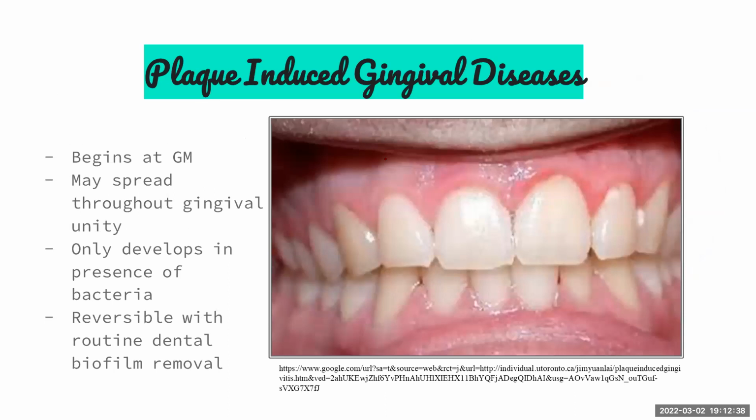So we've got our plaque-induced gingival diseases. It begins at the gingival margin. What happens on top of the gum line has a direct effect on what's going on below the gum line area. It only develops in the presence of bacteria, and again, it's reversible, and usually quickly reversible.